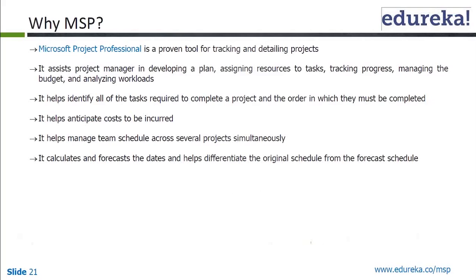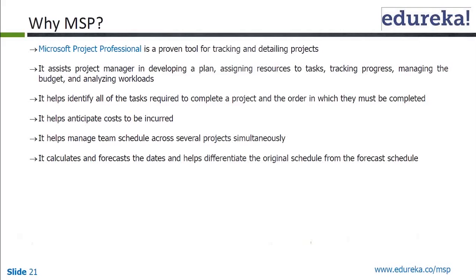Why Microsoft Project? Microsoft Project Professional is a proven tool for tracking and detailing projects. It assists project managers in developing a plan, assigning resources to tasks, tracking progress, managing the budget, and analyzing the workload.